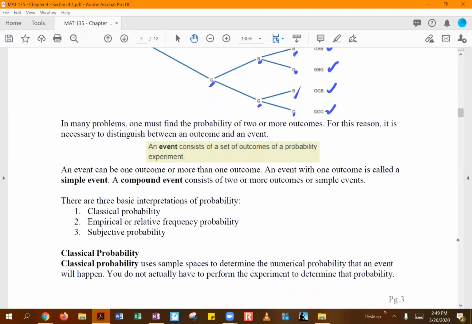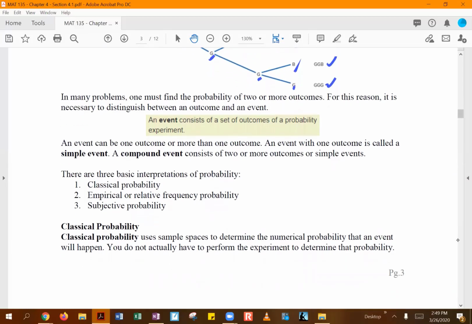Alrighty, so the next part is basically talking about the difference between an event and outcomes. An event can consist of a set of outcomes of a probability experiment. So an event can be one outcome, or it can be more than one outcome.